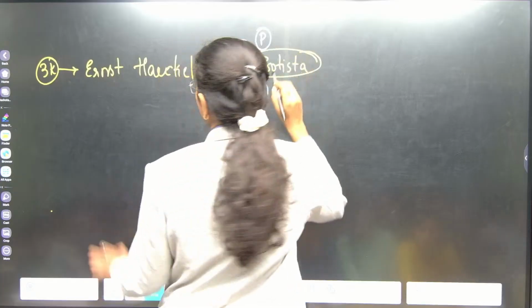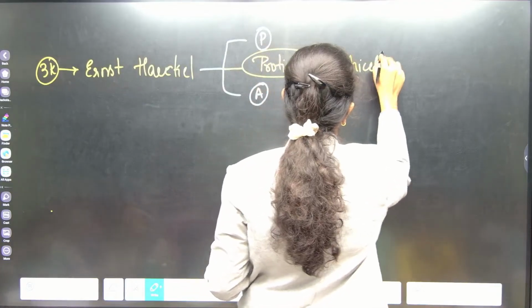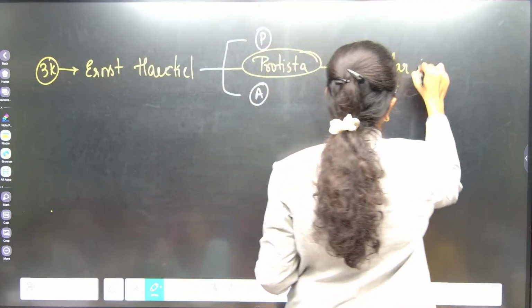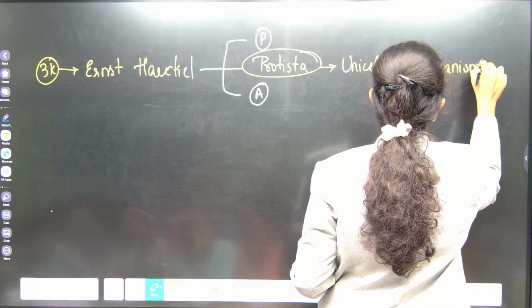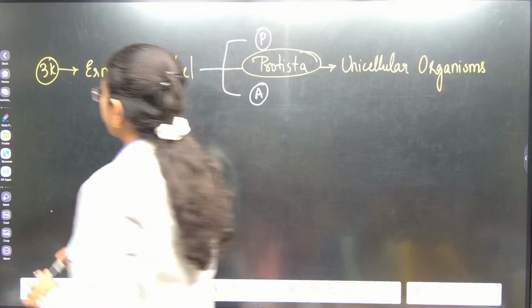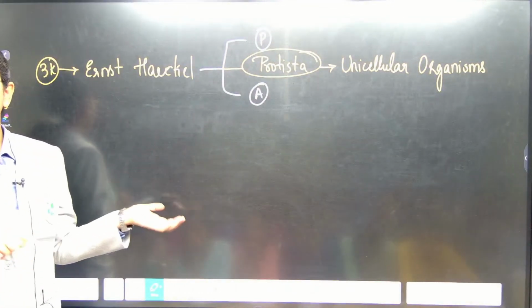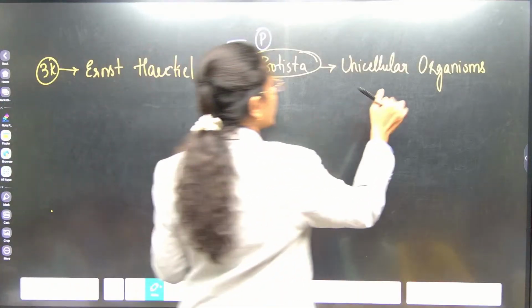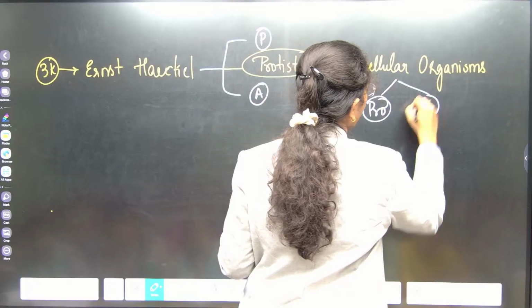He has included in the three kingdom system of classification all unicellular organisms into Protista. But unicellular organisms are both prokaryotic and eukaryotic, and here he has placed both prokaryotic and eukaryotic organisms together.